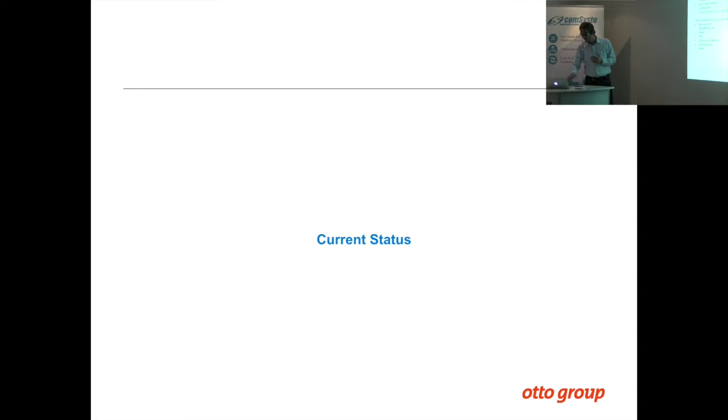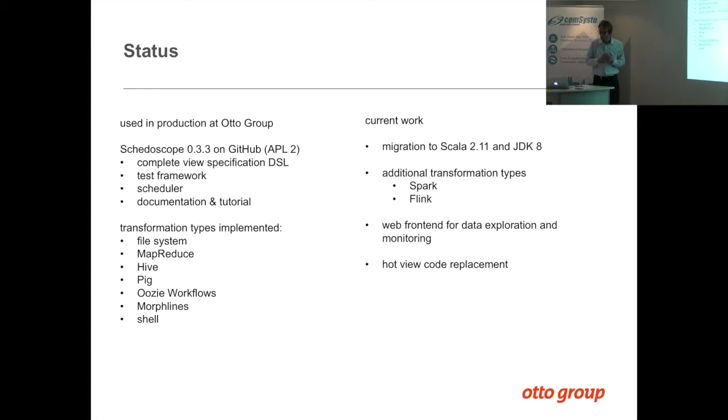So the current status is that basically the tool is used in production at the Otto Group. They're running basically the whole data hub based on this tool. The whole cluster utilization has become much better because, for example, Oozie does this. When you have an Oozie workflow which triggers Hive workflows, then the starting of this workflow is again one further MapReduce job.